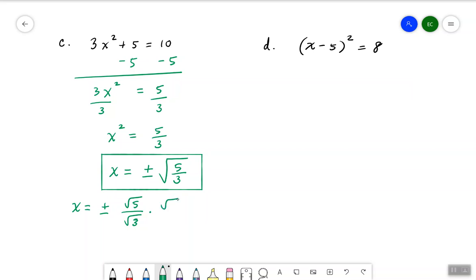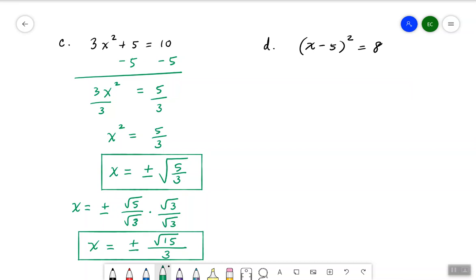And so the way we do that is we just multiply by square root of 3 in the numerator and denominator. And then x is equal to plus or minus, in the numerator, root 5 times root 3 makes root 15. And in the denominator, root 3 times root 3 is just 3. And so that would be a better way to write the answer.